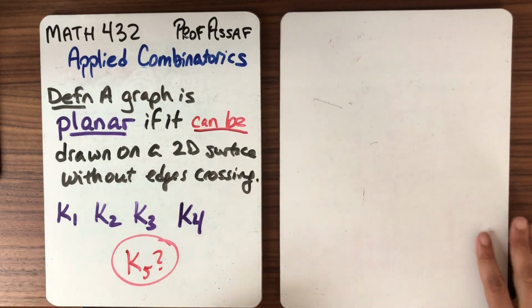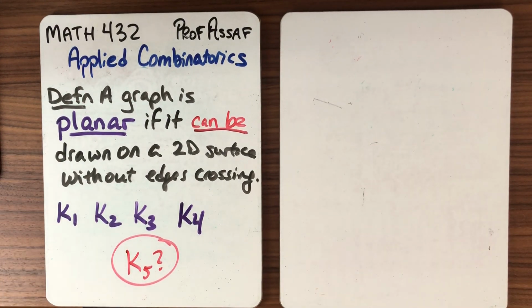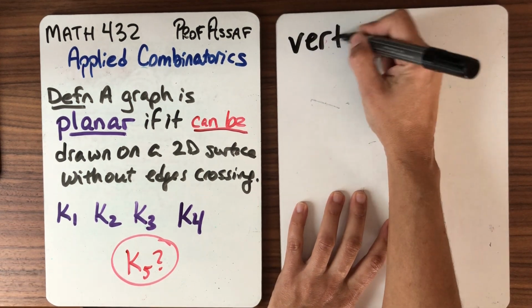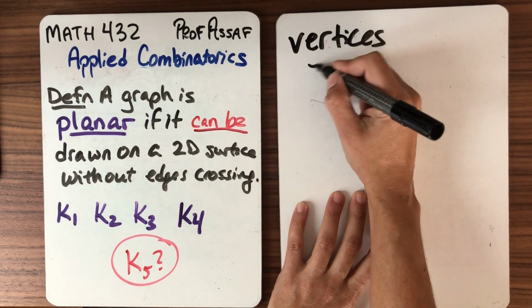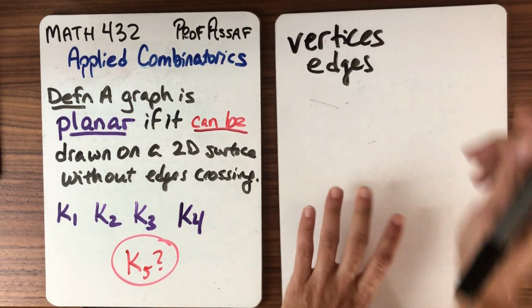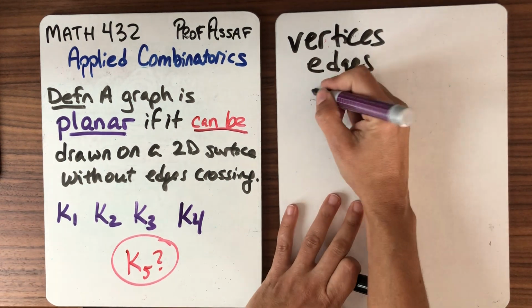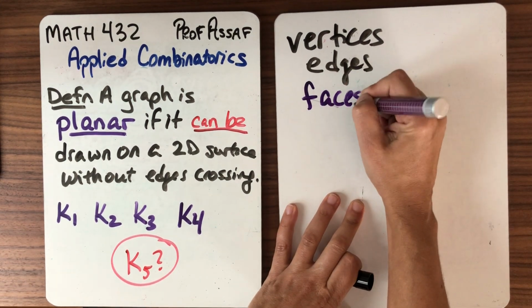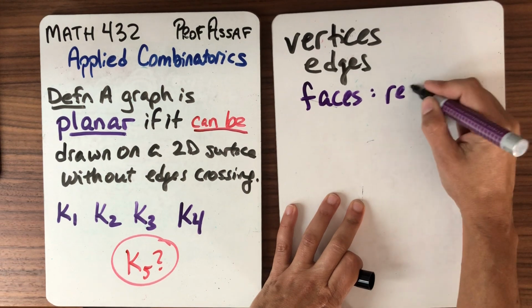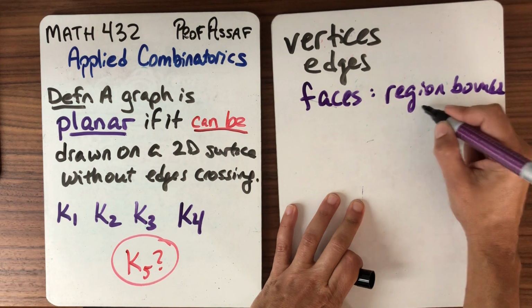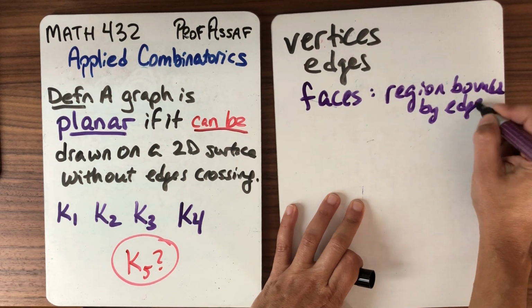So Euler considered properties of planar graphs. If we have a graph, we know about vertices. We have some number of vertices. We know about edges. And if we have a planar graph, we also have the concept of faces. Faces are the regions bounded by edges.